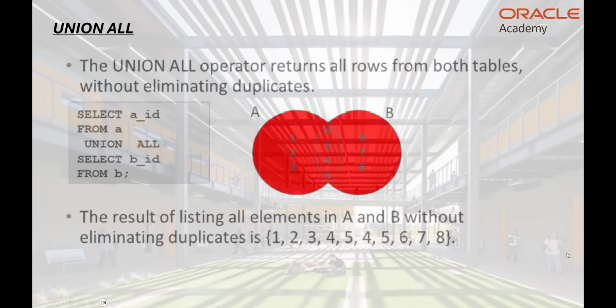Now, union all returns all rows from both tables, and it doesn't eliminate duplicates. The keyword here is just union all. If you do a union all with this query, you'll see the result 1, 2, 3, 4, 5, 4, 5, 6, 7, 8, so it returns all the rows from both tables.